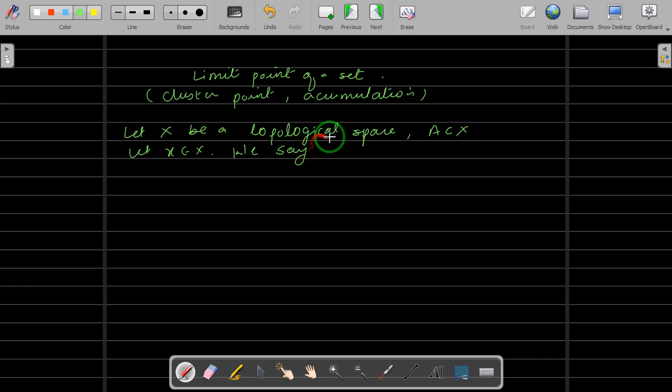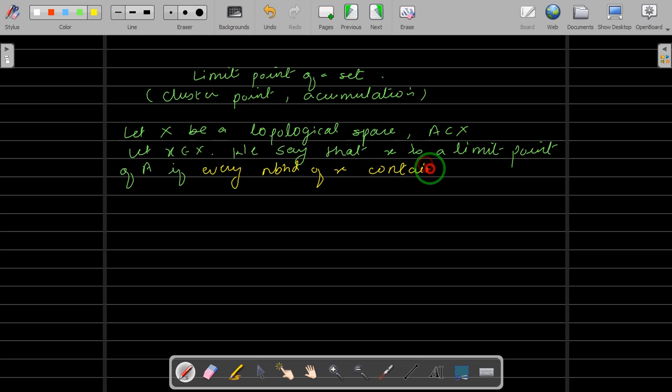We say that x is a limit point of A if every neighborhood of x contains a point of A other than x.